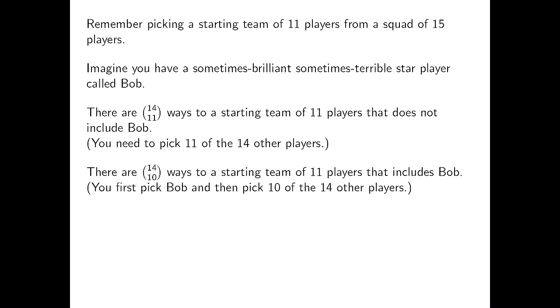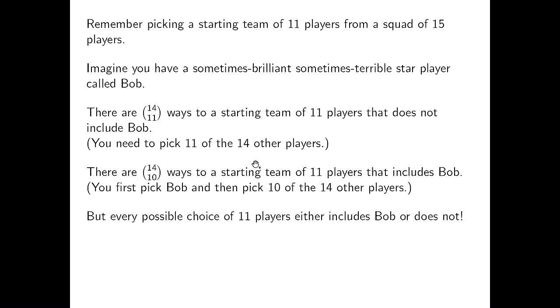And we know the total number of ways to pick a team is 15 choose 11, right? So that means 15 choose 11 has to be 14 choose 11 plus 14 choose 10. Does that make sense? Right? Total number of teams is total number of Bob teams plus total number of non-Bob teams.